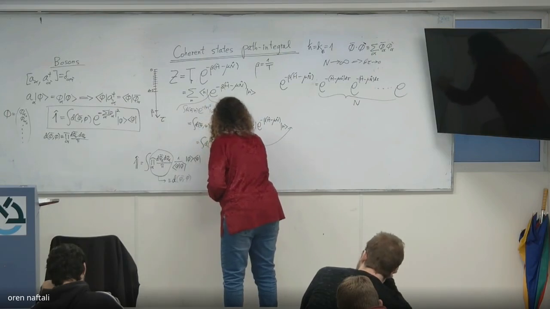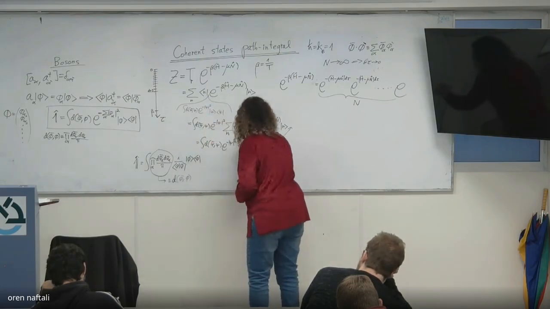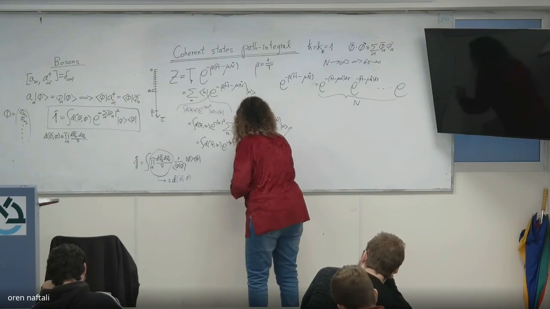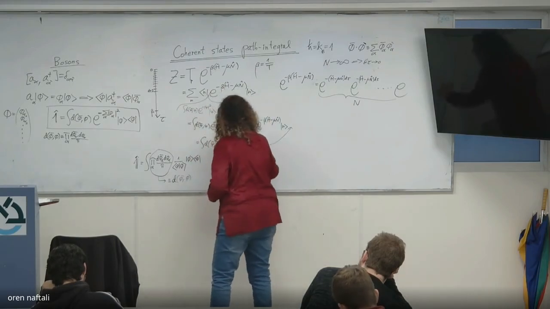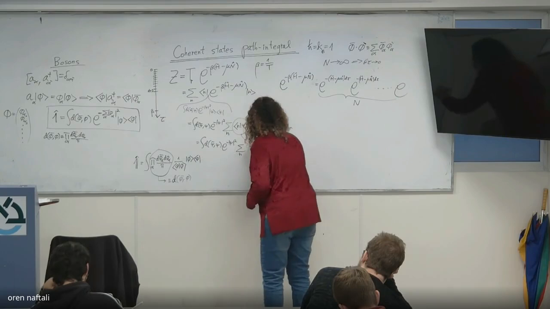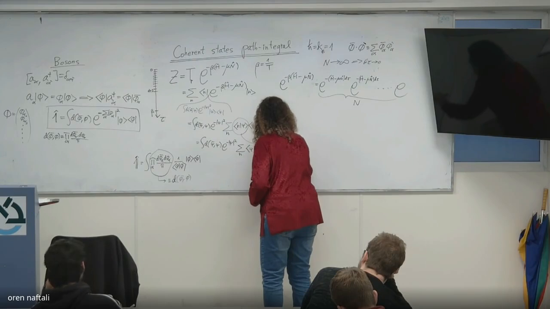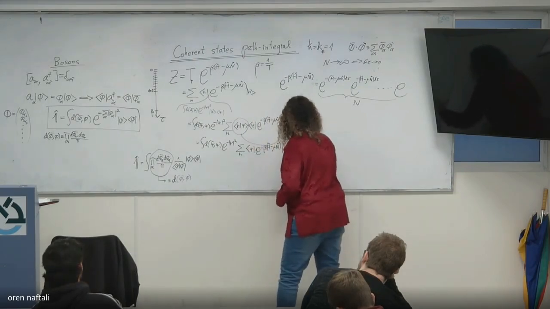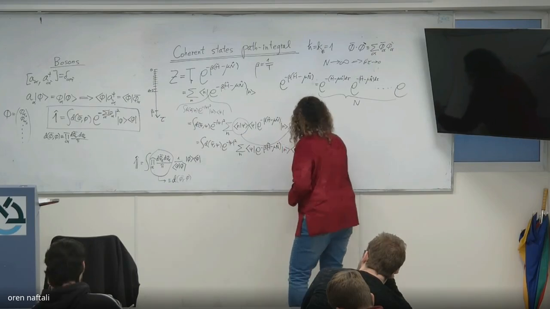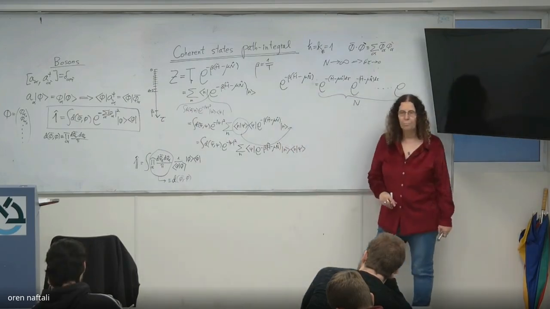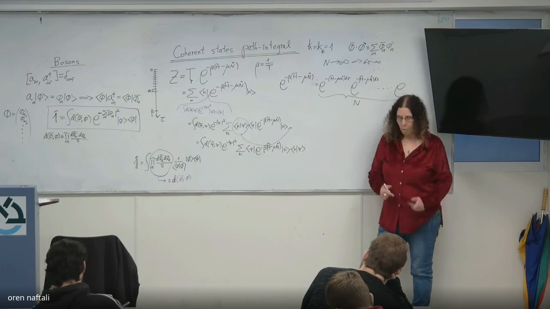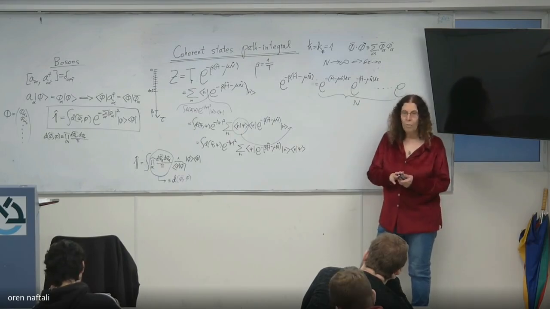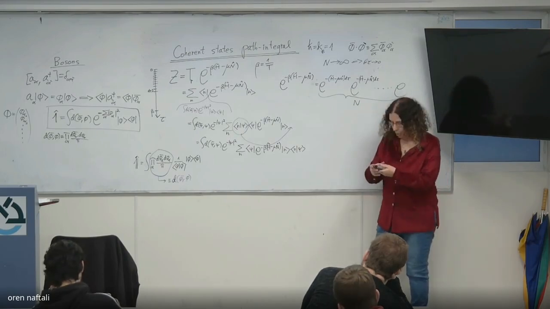And then I get the following expression, sum over n. Now I switch the order, so I have this e to the minus beta (H minus mu N), n psi. Okay, I just switch the order, nothing more. But now I think you see why I do this.